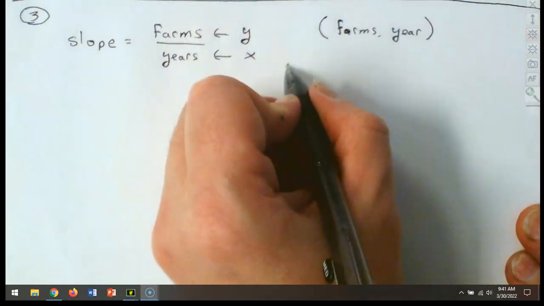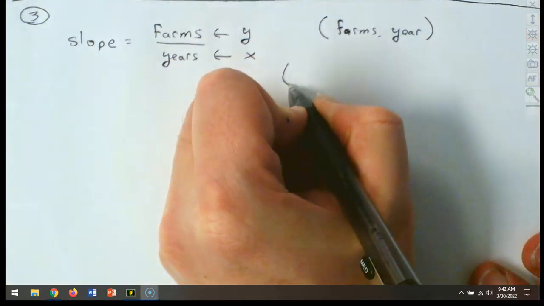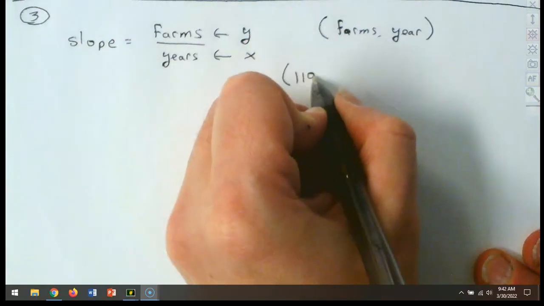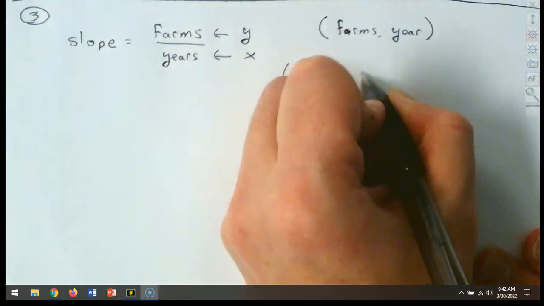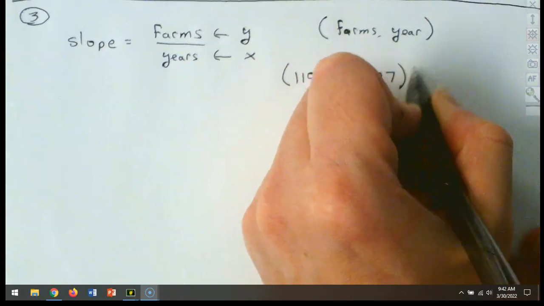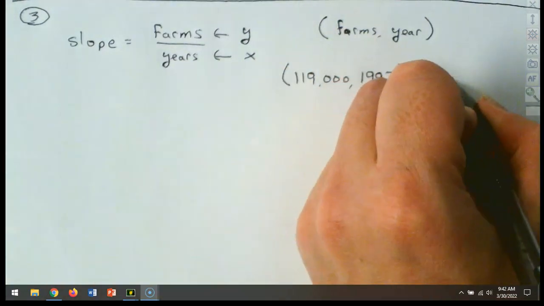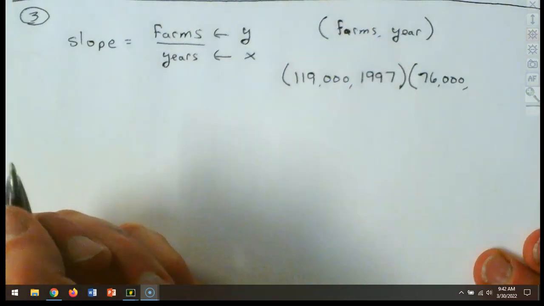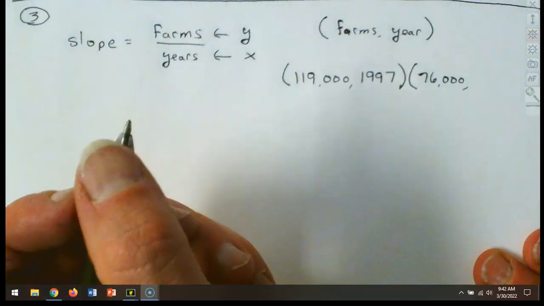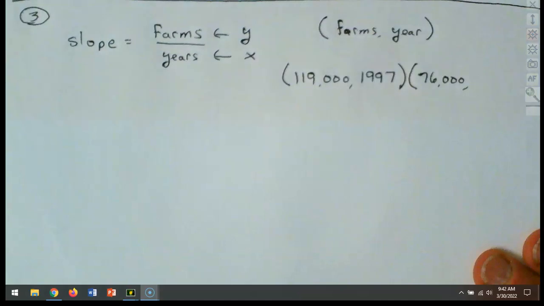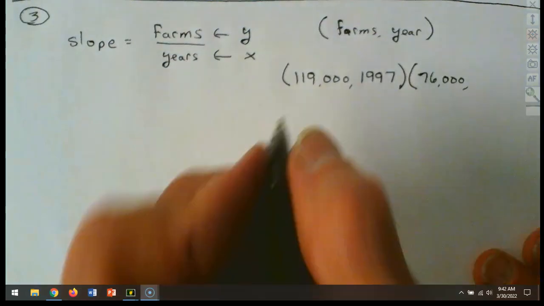So what do our ordered pairs look like? 119,000 farms in 1997. 76,000 farms in 2005.